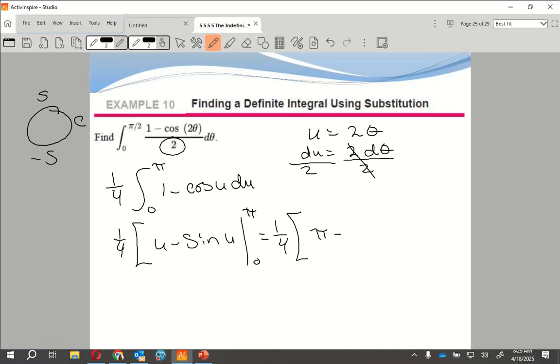What was that? Alright, so derivatives go this way, antiderivatives go the other way, right? Oh yeah, wouldn't it be plus sine? We're doing anti. I forgot. Oh no. So this is an integration here.